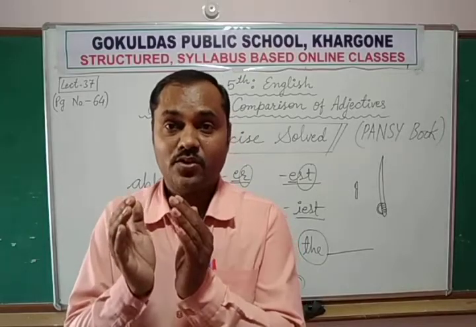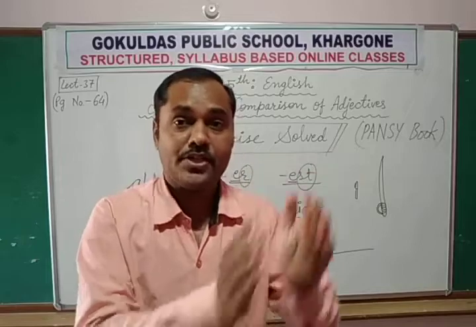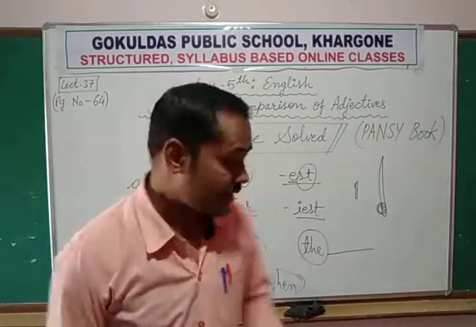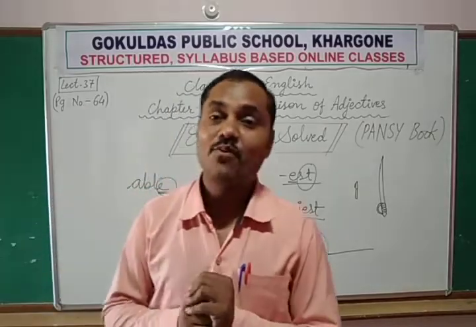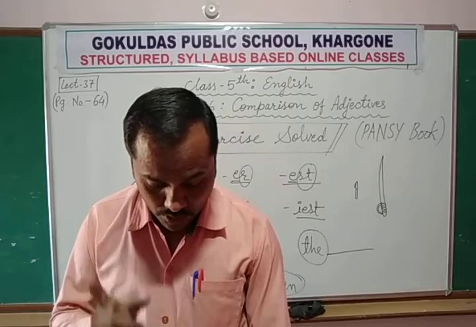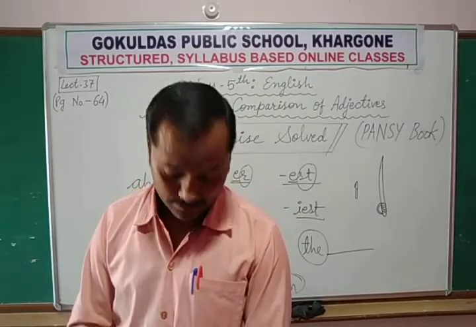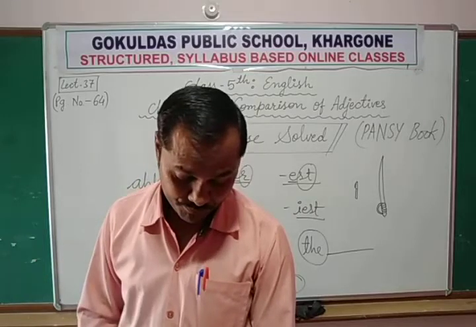Precious is an adjective which, when it is changed into different forms, becomes more precious and most precious. So here this word than is used, that's why we will use the comparative degree, more precious. Gold is more precious than silver. ओके सोना ज्यादा कीमती है सिल्वर चांदी से.